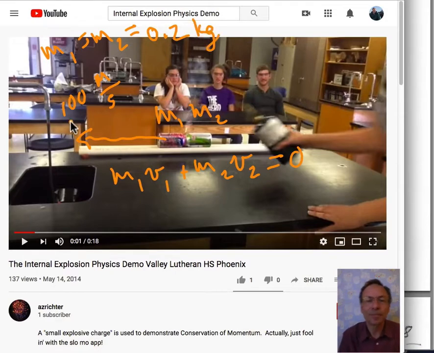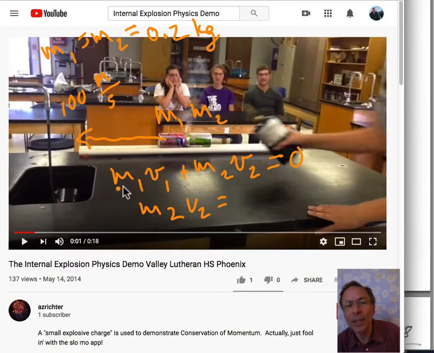We're going to be able to predict what velocity 2 is by doing this: m2 v2 will equal, subtracting m1 v1 from both sides, minus m1 v1.